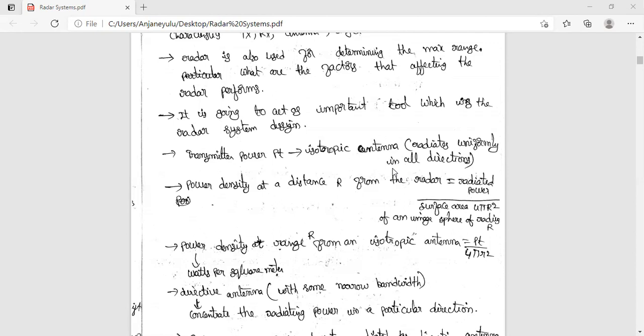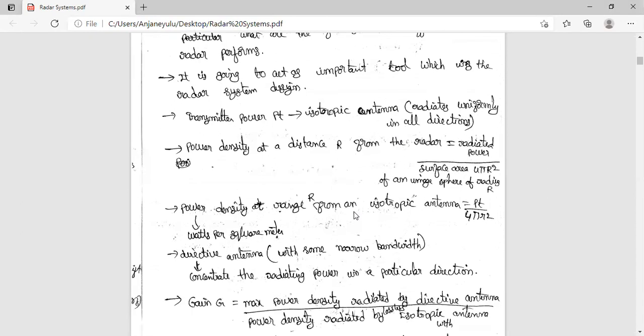Here, the generated power Pt into G is transmitted at a distance R, and finally it reaches the target.